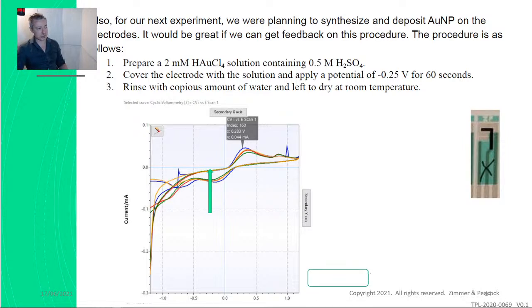My only slight concern is that 0.5 molar H2SO4. So I think you'll be perfectly fine doing the deposition of gold, and because you're doing it for 60 seconds, you'll probably get away with using 0.5 molar sulfuric acid. But just use a couple of the crossed off electrodes just to have a little practice on, because you don't want to waste too many of the pristine electrodes.